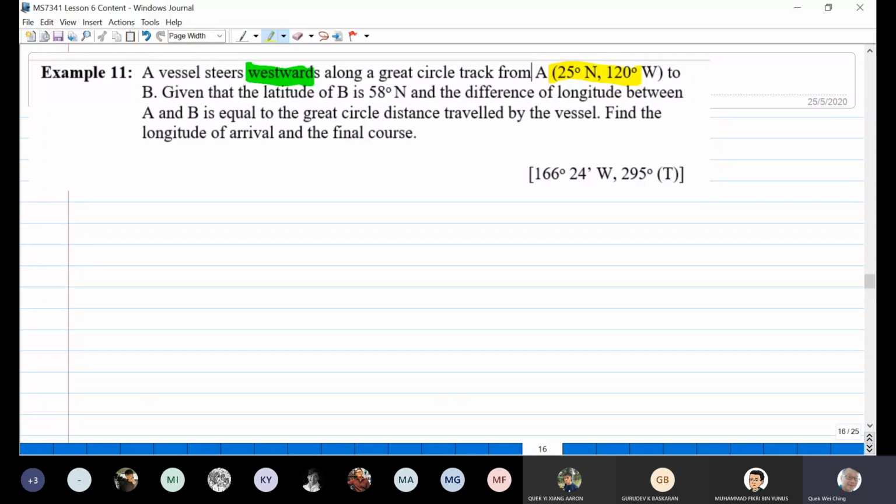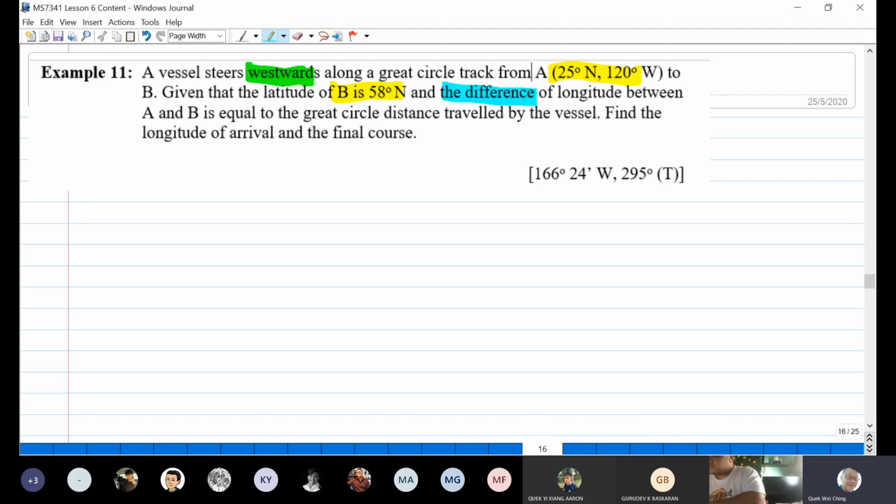The latitude of B is 58 degree north, so you know that it's going to the north again. West, northwest, going in the northwest direction. And the difference of longitude between A and B is equal to the great circle distance traveled by the vessel. So this is important information.